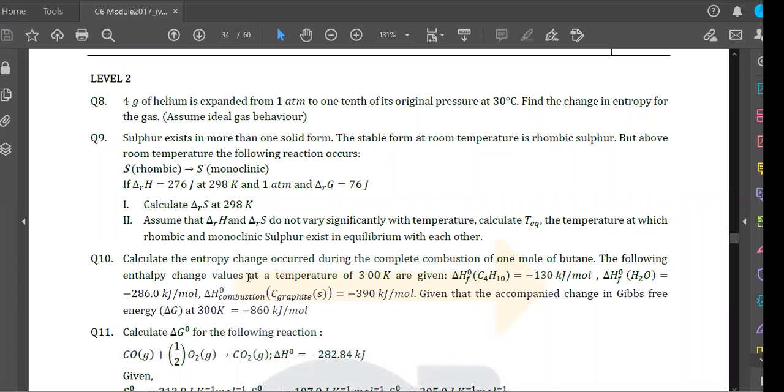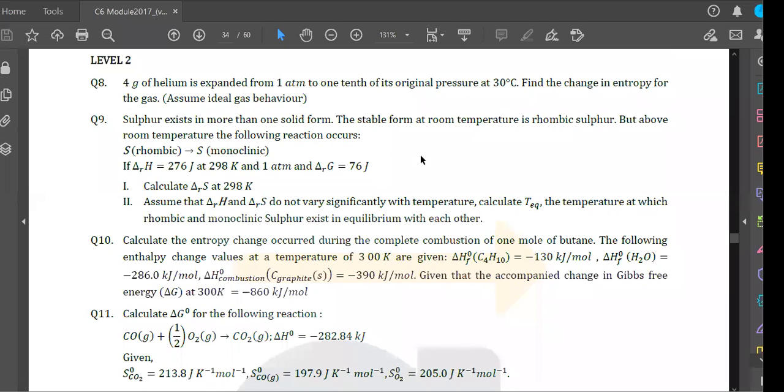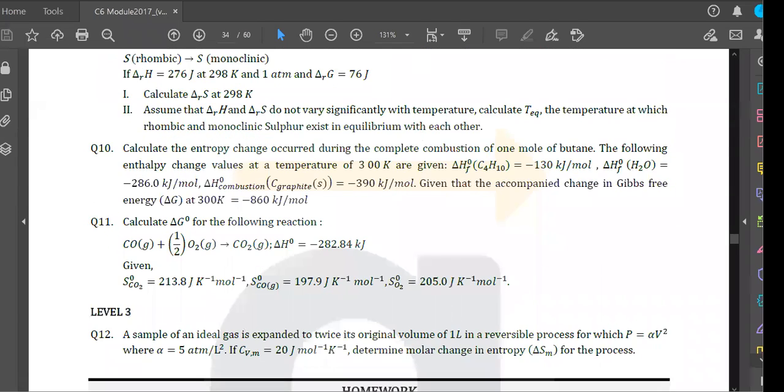Any doubts in question 8 and 9? Tell me everyone. Okay, then no doubts in question number 8 and 9. Let's see question number 10. Just go through question number 10, everyone.